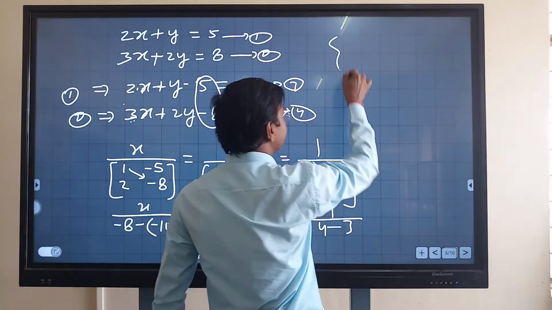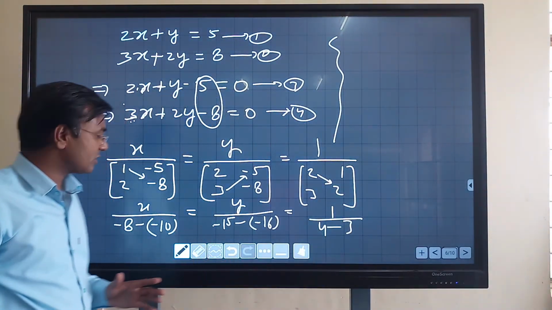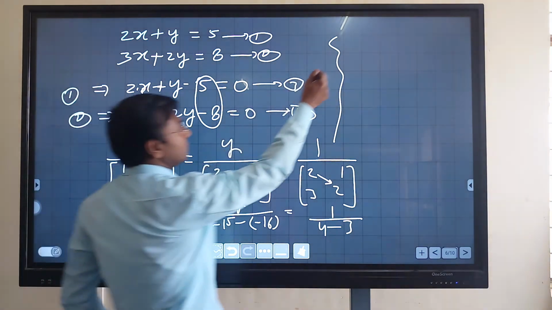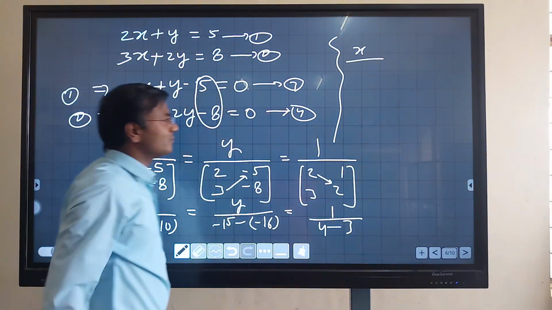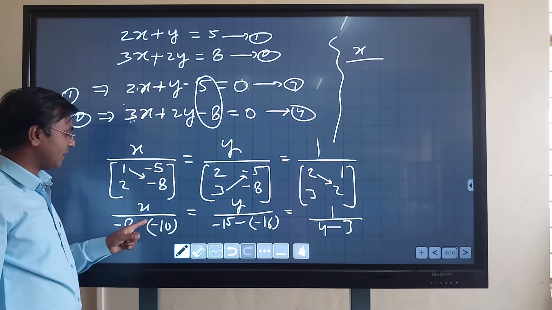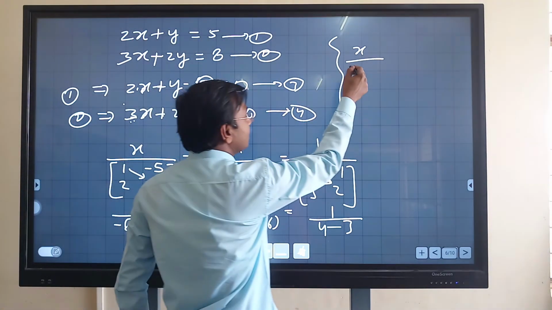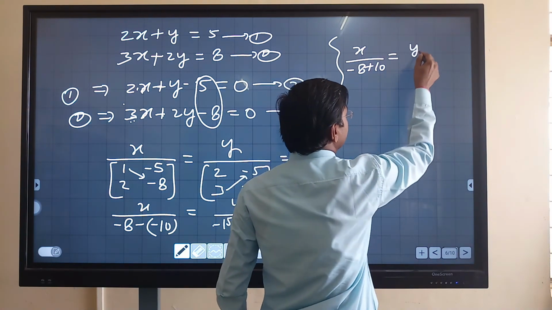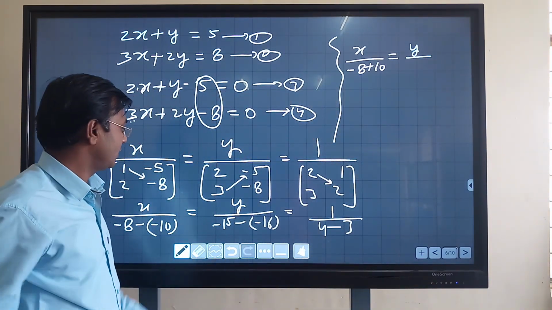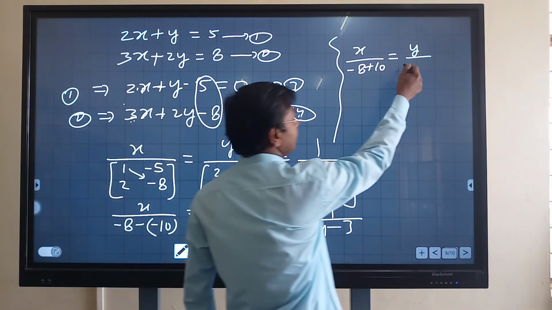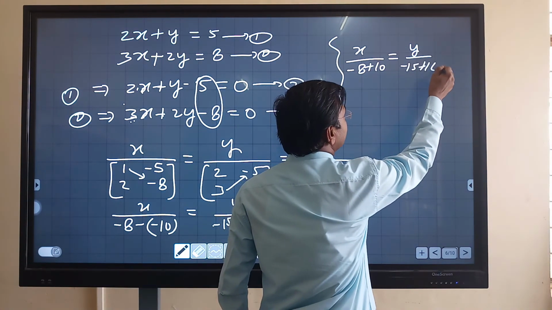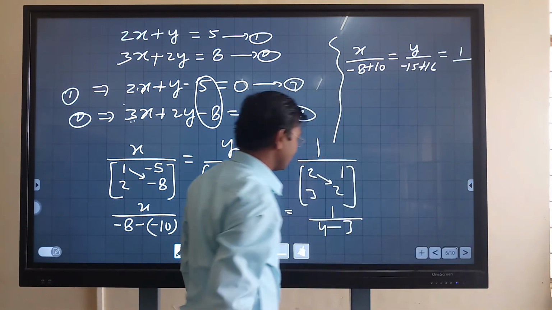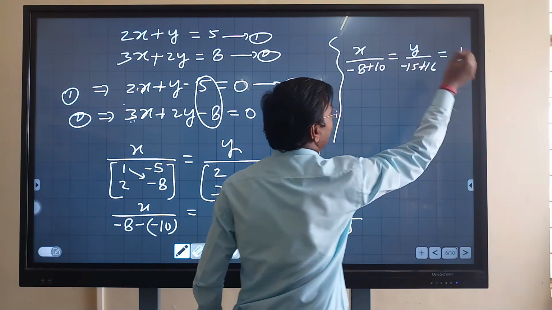Now we are very close to the solution. X upon, find -8 plus 10. What will come? -8 plus 10 equals y upon -15 plus 16 equals 1 upon 4 minus 3, 1.